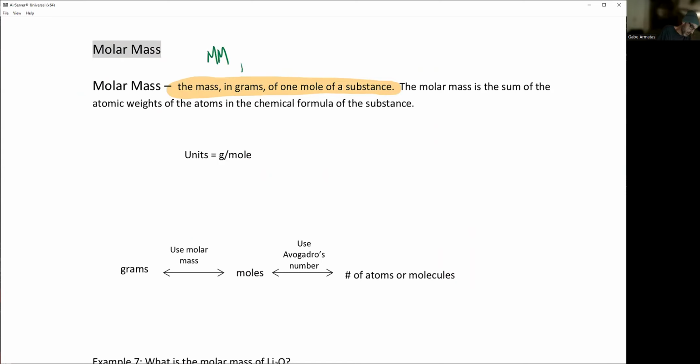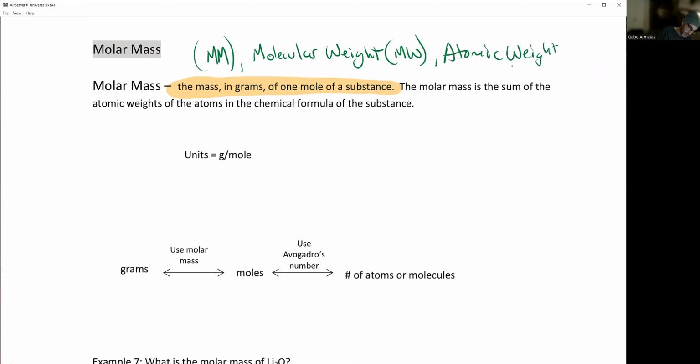For a molecule, we would say molecular weight, MW, or atomic weight, or atomic mass. You might see AM or AW, but you don't really ever see that, so let's not confuse you. So MM, capital MM, or MW, those all mean the same thing.